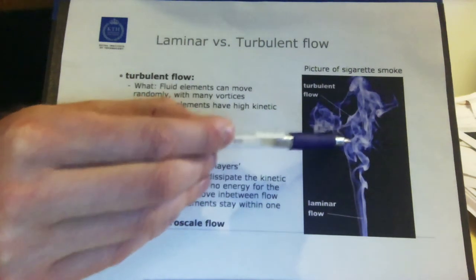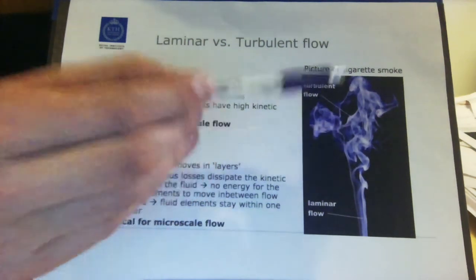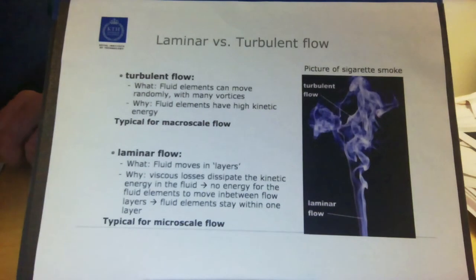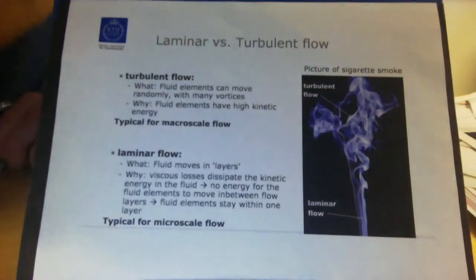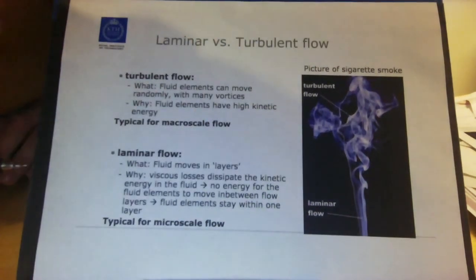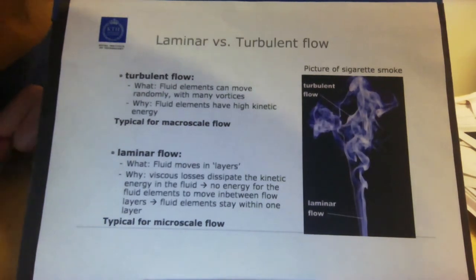So the rapid stream loses kinetic energy and the slow stream gains kinetic energy. If we have a flow in which fluid elements move between layers and transport kinetic energy between layers, we say that the losses in the flow are mainly kinetic. Such flow will be turbulent flow.